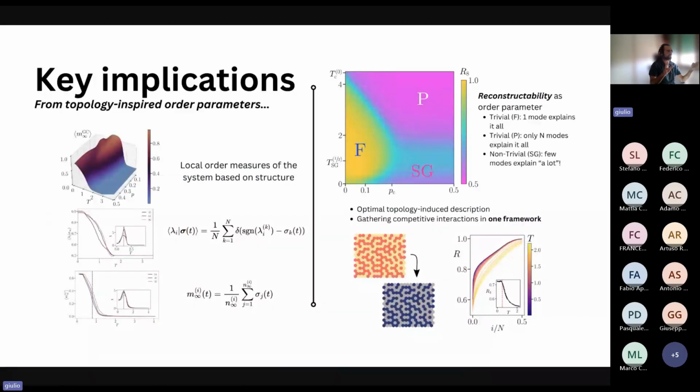Some key implications from this. We can start with the basic one, that we can define local order measures of the system, which are based on the structure of the system itself. So, for example, if you want to reconstruct the phase diagram of a spin glass, you start simulating your spin at time t, and then you can reproject it on top of the lowest mode.